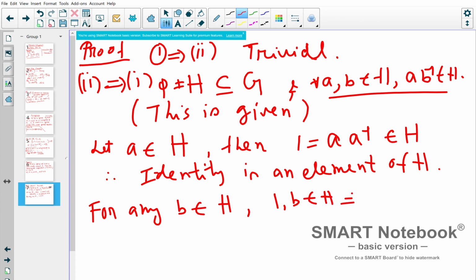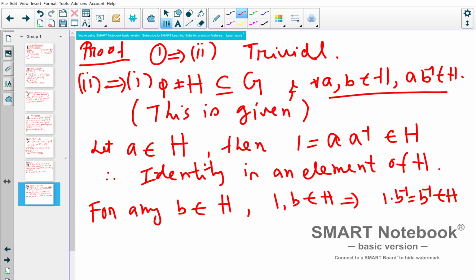And this implies 1 times B inverse, which is B inverse, is an element of H, by the property. So for any element B, B inverse is also an element of H. Clear? So what do you find out? You find that the non-empty subset H contains the identity, and every element has its inverse also, right?